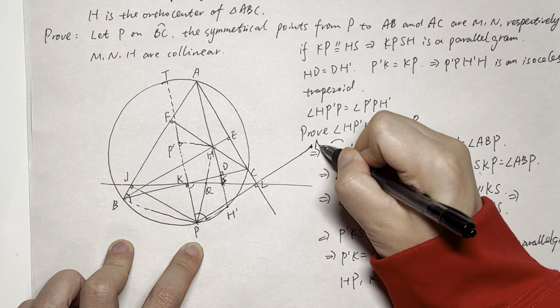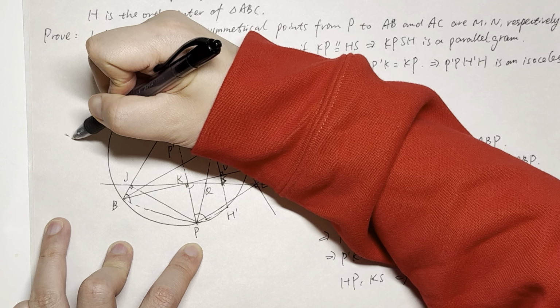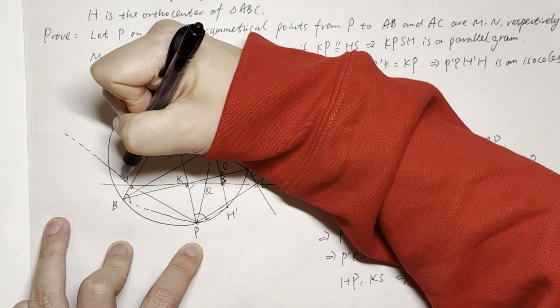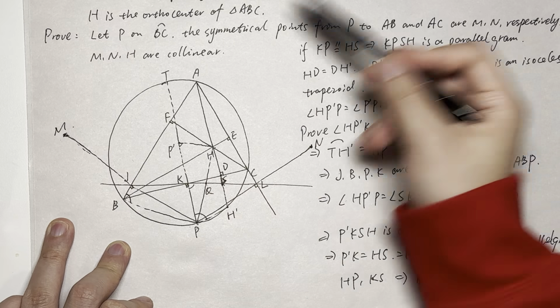So let's call this point N. And for this one, we extend PJ to a point M. Right? So we know that MJ equals JP and is perpendicular to AB.